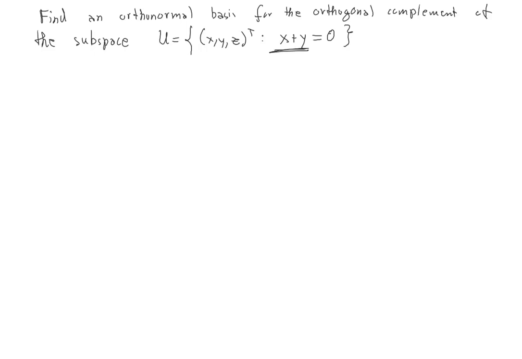Okay, why? Let's see why. So here's what I'm going to say. I'm going to say that this subspace is also the same thing as the inner product of vector x, y, z with the vector 1, 1, 0 being equal to 0.